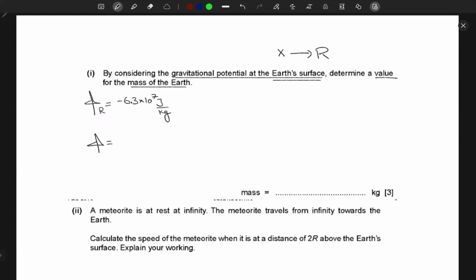Phi is equal to GM by r. So everyone agrees with that, right? Or is there something else that I need to have in this expression? The negative sign. Exactly. So there should be a negative sign with this thing.